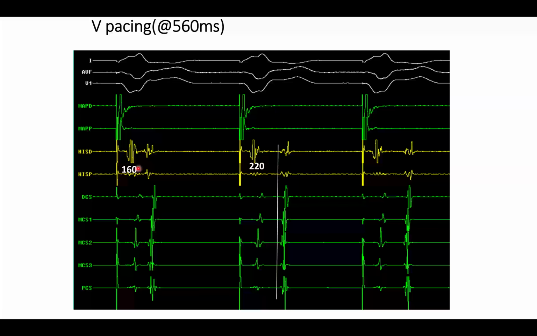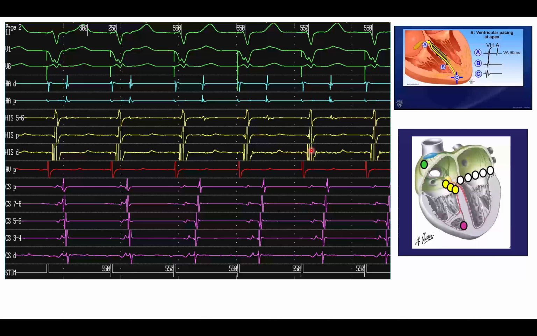So there is a long jump from V to A, but see, activation of the atria is the same from His to proximal CS to distal CS. So it is still concentric activation, but it is decremental. So the chance of having a pathway in this patient is really rare. You're just trying to show this patient has nodal conduction.